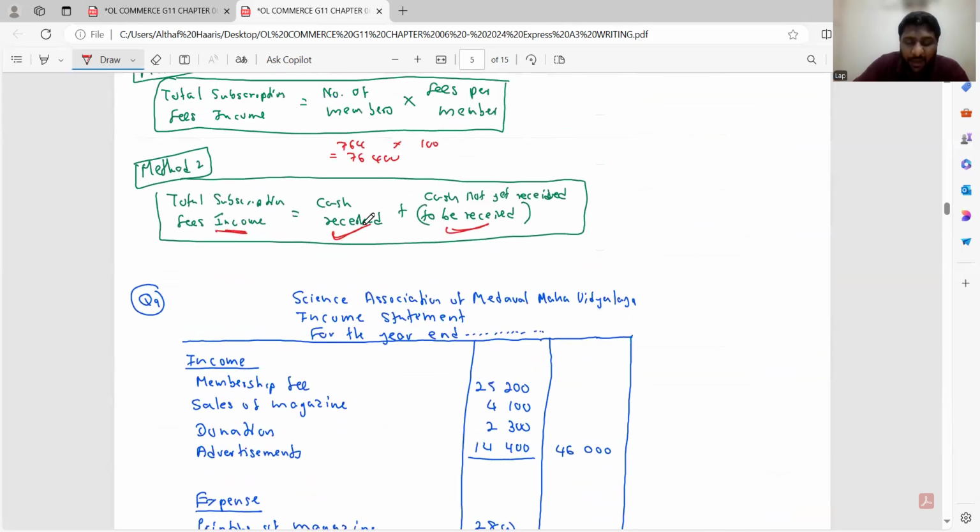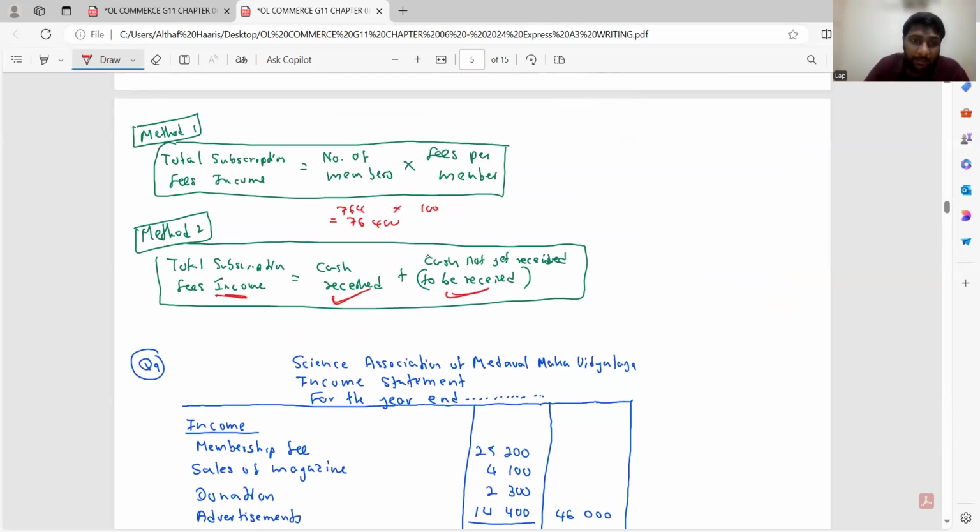The second one, because they have not given, not yet paid amount. This is what we use. This is the first one. Number of members 30.